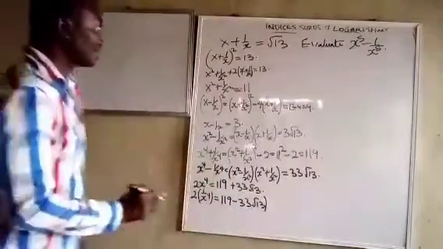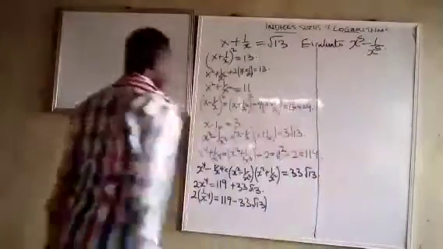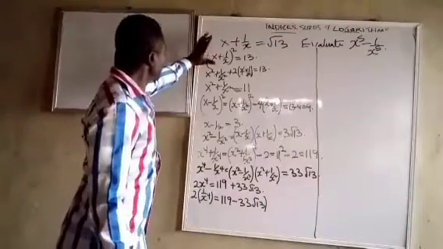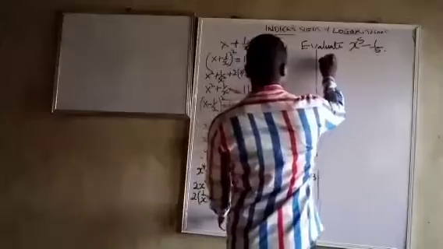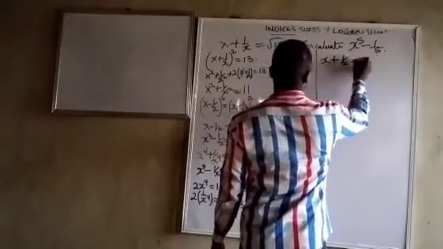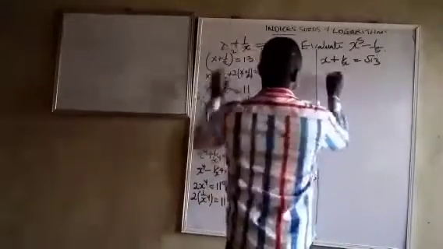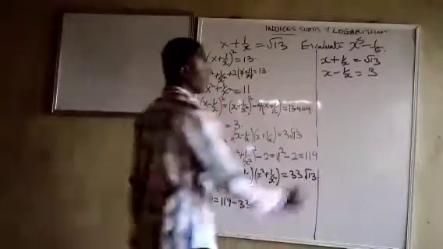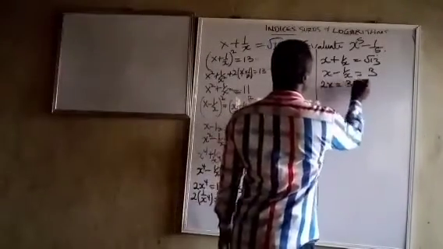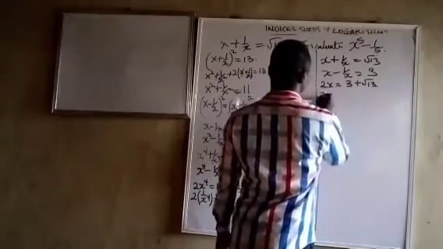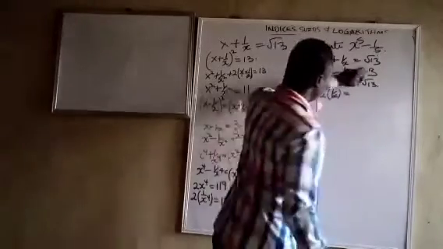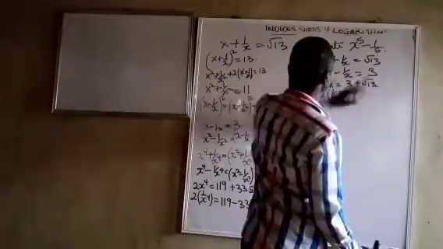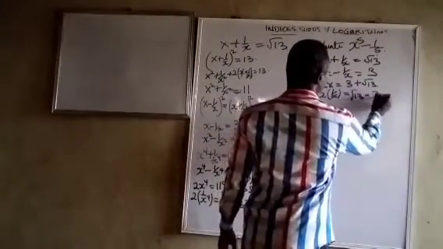So from here, we have gotten to a certain level. Now to have x raised to the power 5, I can deduce my x using this equation here. I have x plus 1 over x equals root 13. From here, x minus 1 over x is equal to 3. Therefore, 2x is equal to 3 plus root 13. 2 into 1 over x is equal to, if you look at it, this one minus this one, so it's root 13 minus 3.